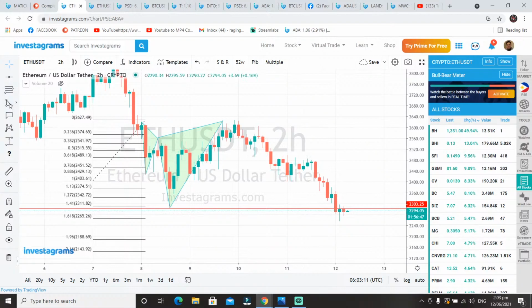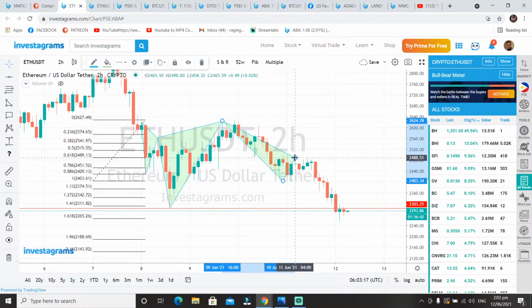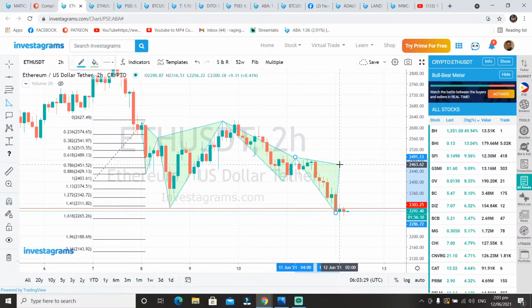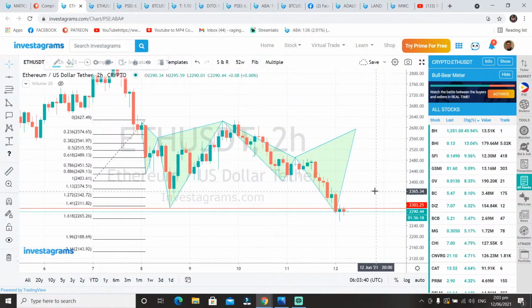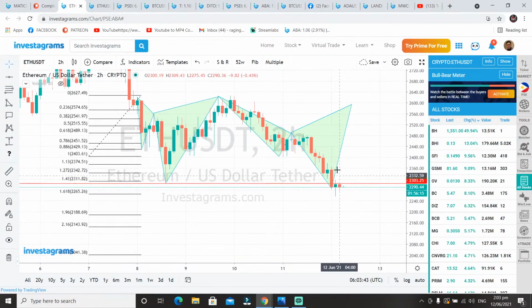Like I said, it was forming from this to this, then X, A, B, then C. C should be at least around 141%, not more than, of course. But at least it still gave you good confidence to set your target profit, because you entered here, it bounced from here to here, and that's already 38%.